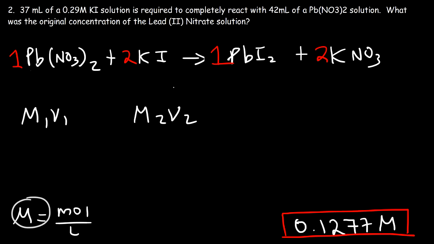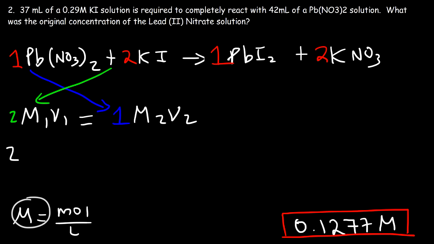M2V2 is going to correspond to potassium iodide. Now what you need to do is exchange the coefficients with coefficients in this equation, but you got to reverse them. So this one is going to go over here, and the 2 is going to go on the other side. If you do it this way, the equation will give you the right answer.